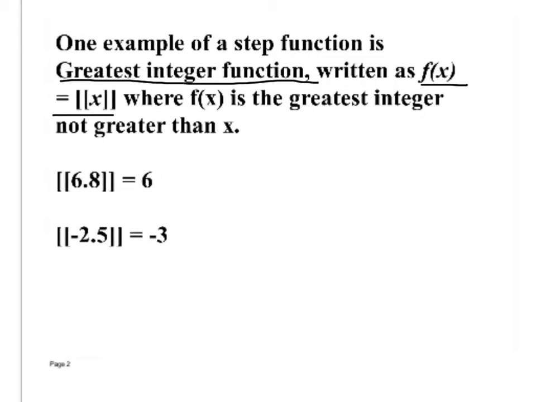Integers do not have fractions. They don't have decimals. So the greatest integer of 6.8 would be 6. It's not 7 because we can't go greater than 6.8. It's not greater than x.